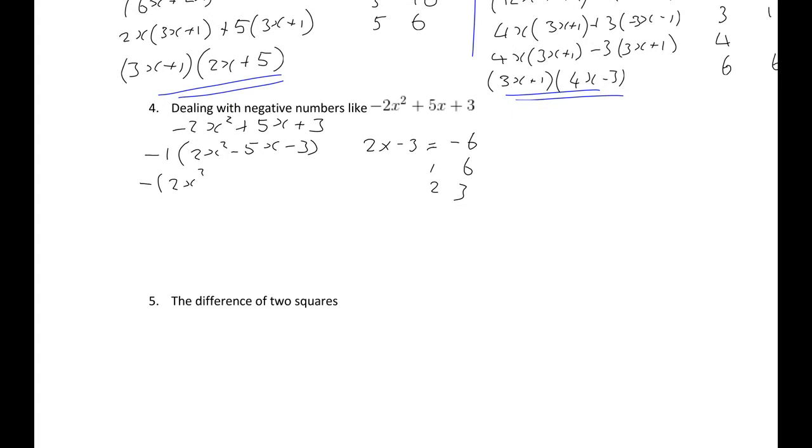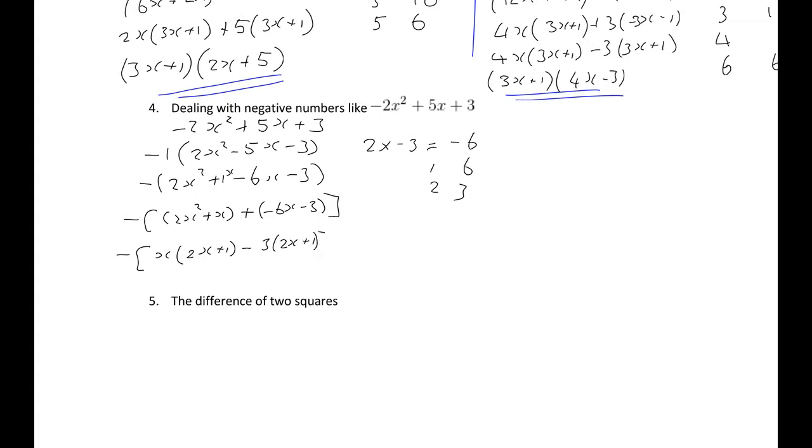2x squared plus 1x minus 6x minus 3. Separate them out. 2x squared plus x plus minus 6x minus 3. Take out common factors. 2x plus 1. We can now see that yet again we've got a common factor inside here.